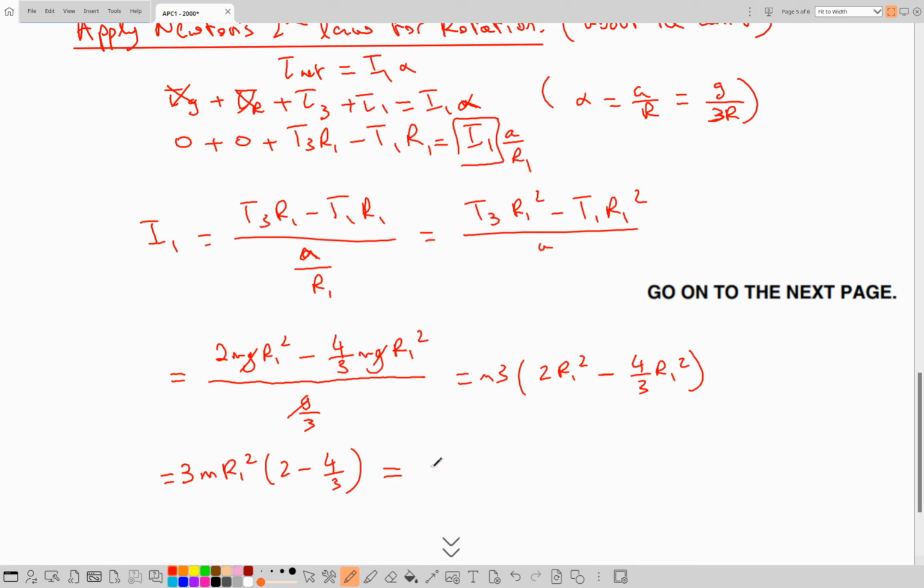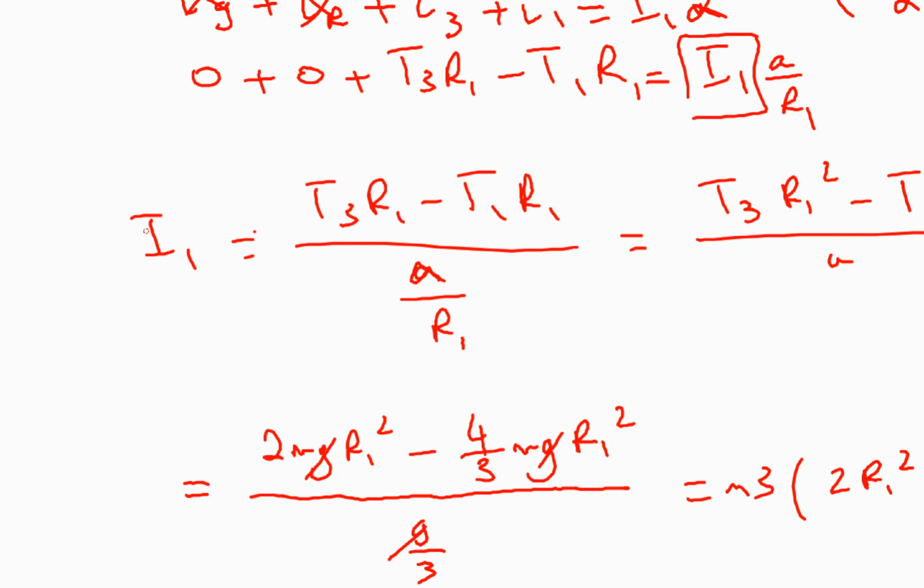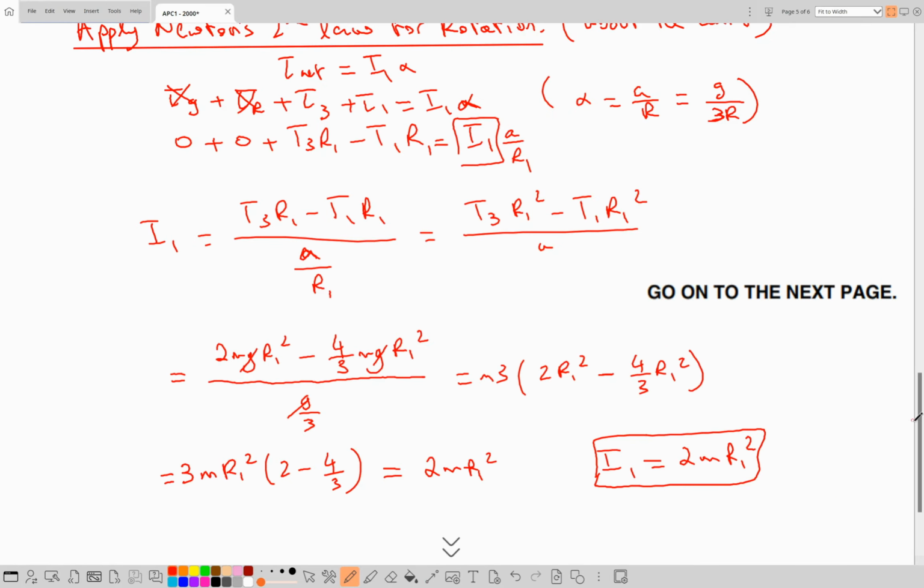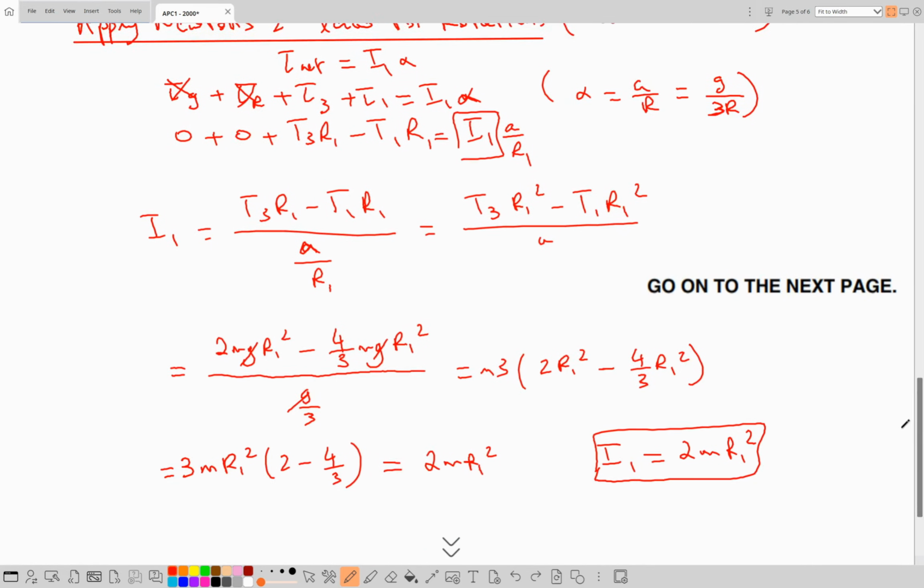Then that would be 2m R1 square. Then the value of the rotational inertia I1 is given by 2m R1 square. Now why I knew that I'm forgetting a mass, because the rotational inertia should be proportional to mass and distance square. So this is it for idea number 3.